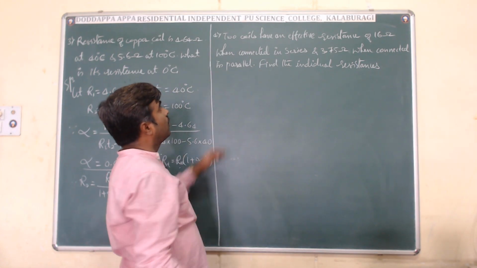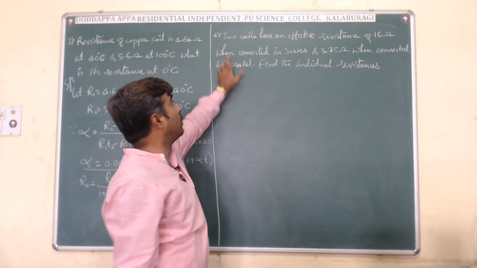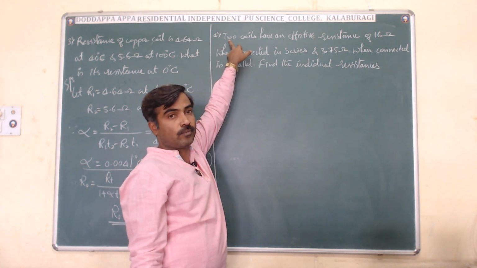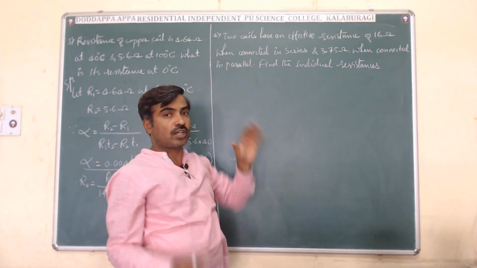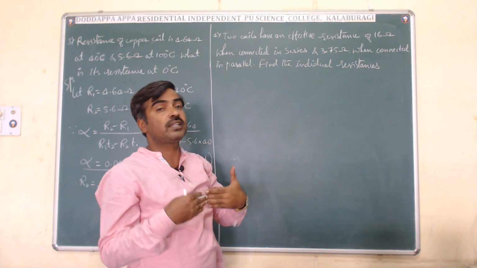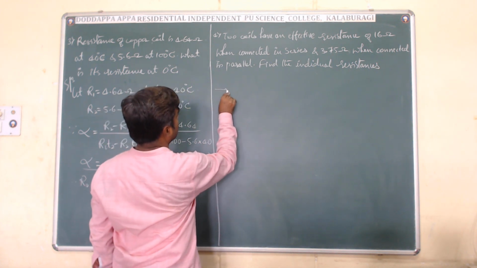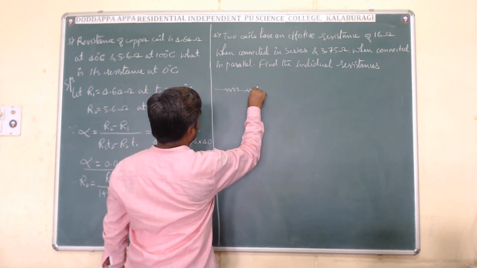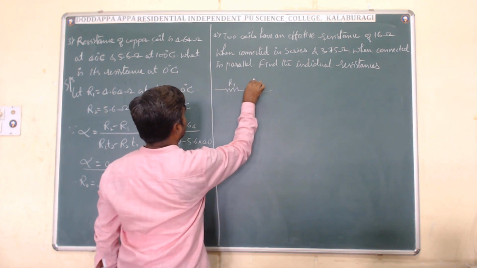And the next, find the individual resistances. For that, how many coils do we have here? Two coils. When the two coils join together in series, the first coil and second coil, let them be R1 and R2.